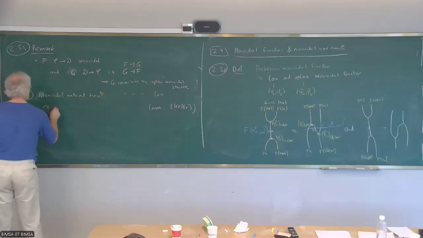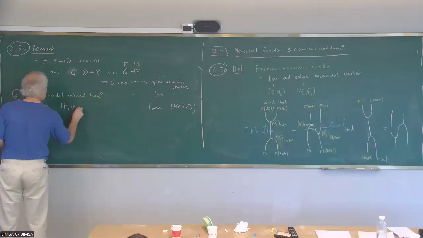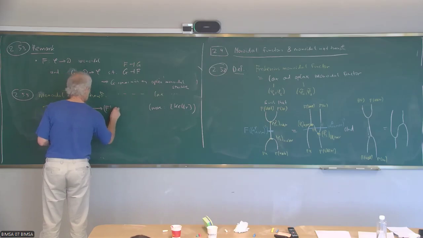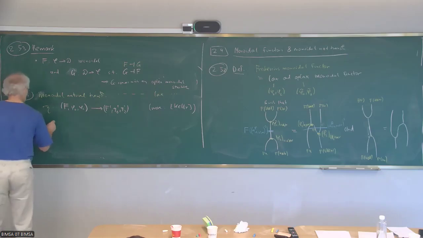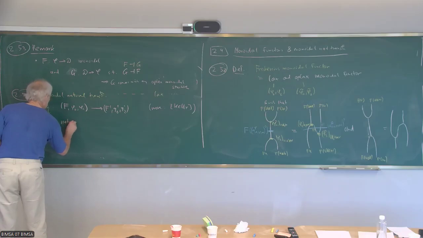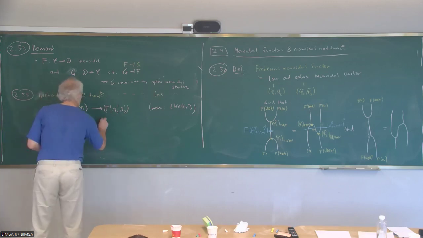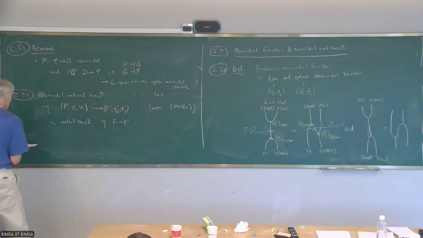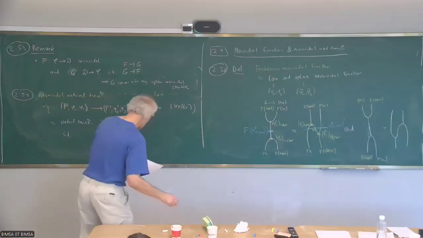Let's say eta from a monoidal functor F to a monoidal functor F prime. This is, of course, a natural transformation, which we call again eta from F to F prime, which is compatible with the structure, so such that the following diagrams commute.